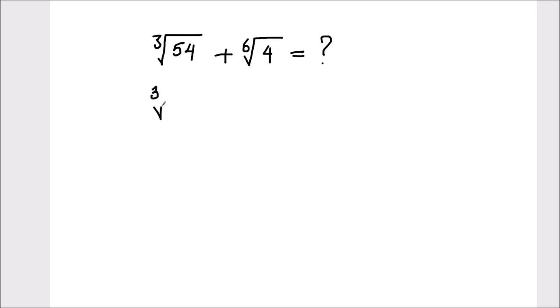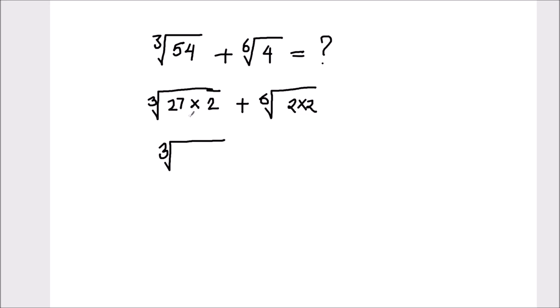Cube root of 54 can be written as cube root of 27 times 2. We have broken down 54 into two factors, 27 and 2, plus sixth root of 4 can be written as 2 times 2.